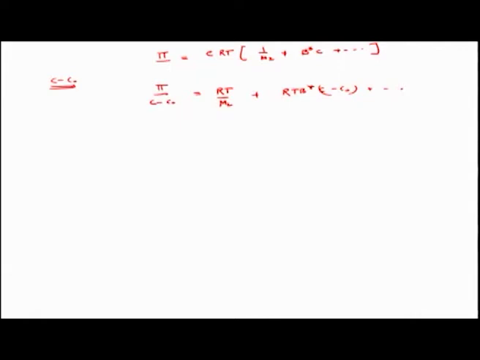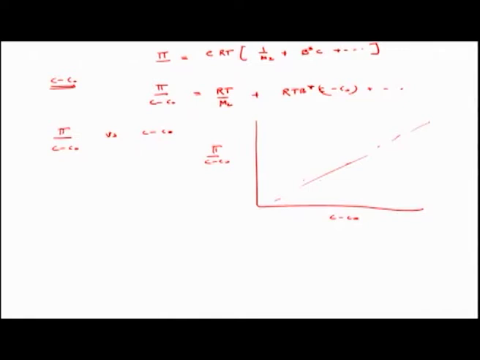So, if we plot pi by C minus C0 versus C minus C0, then I should be able to get some data points, and this turns out to be linear.